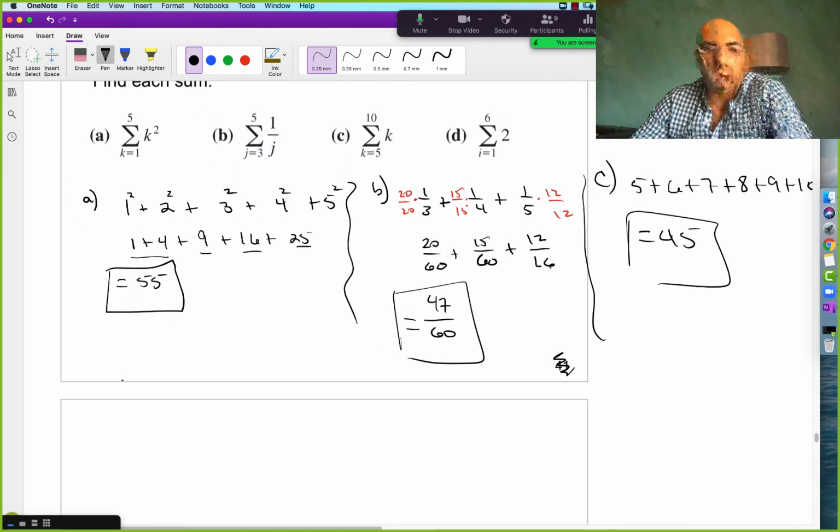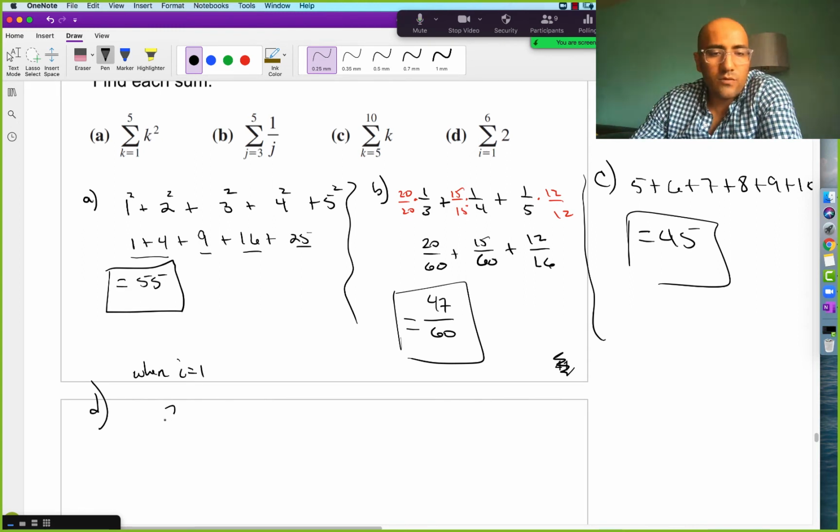D is a little tricky because there is no index, right? Here is the index i, and there is no i in the expression. So what we do is, when i equals 1, we just get a 2, plus i equals 2, we just get a 2, when i equals 3, we just get a 2.